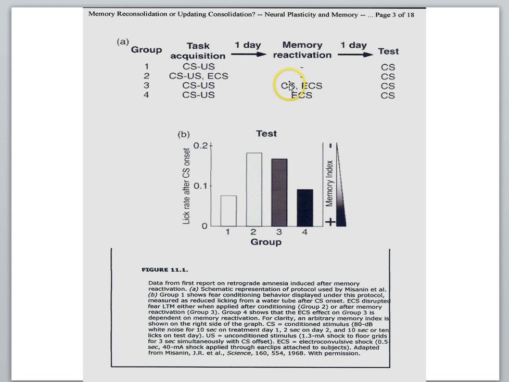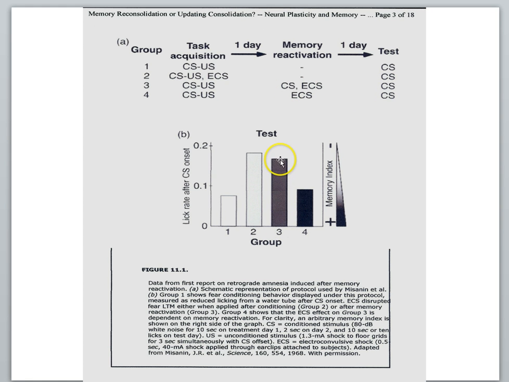So it's as if they're reactivating the memory, and in fact, they do show fear symptoms on this day, and that indicates that they really are remembering the association between CS and US, the tone and the shock. But right after they're reminded of it, they're given ECS, right? So this is not ECS after the training, it's ECS after a reminder of the memory. So they're reactivating the memory, they're retrieving the memory, and then they'll be tested.